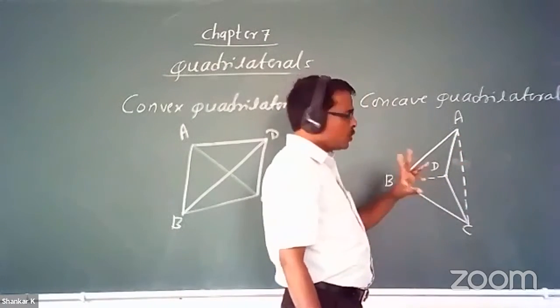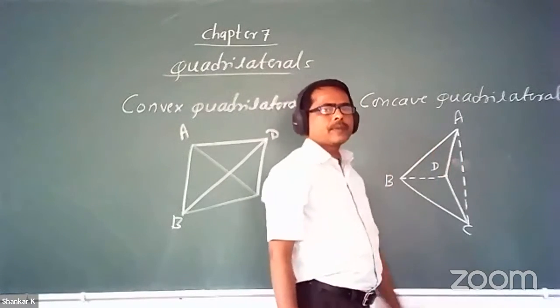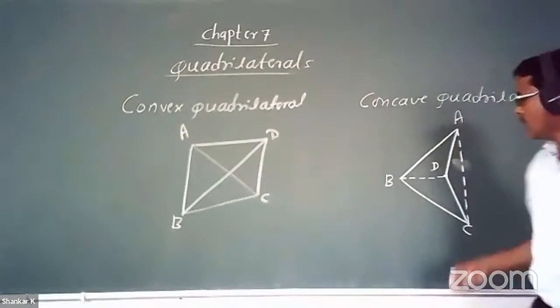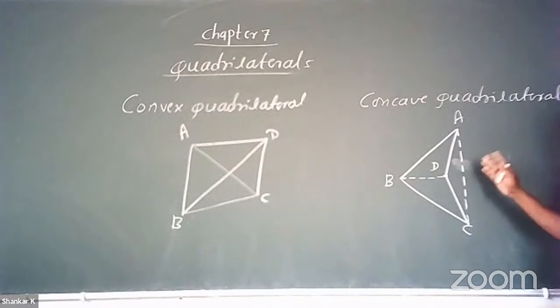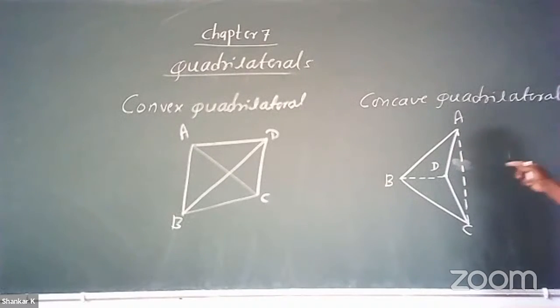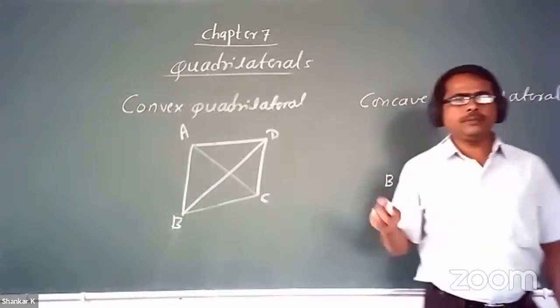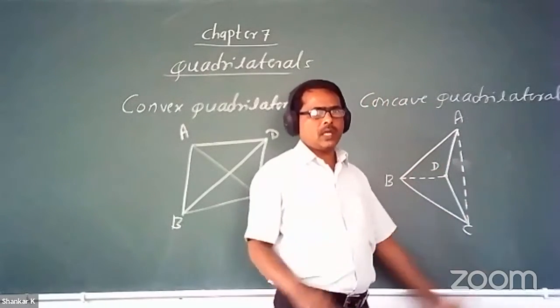Here there are two diagonals. One is BD, another one is AC. See the diagonal AC. AC is not within the quadrilateral. It is outside. The diagonal AC is in the exterior of the quadrilateral.